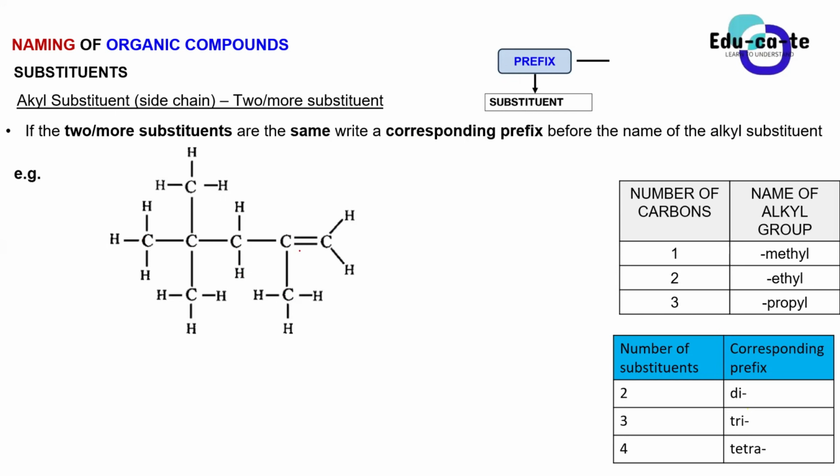Now when it comes to numbering, guys, are we going to number from left to right or from right to left? Yes, Sam? So we're going to start from right to left. Why? We start at the father of the house.